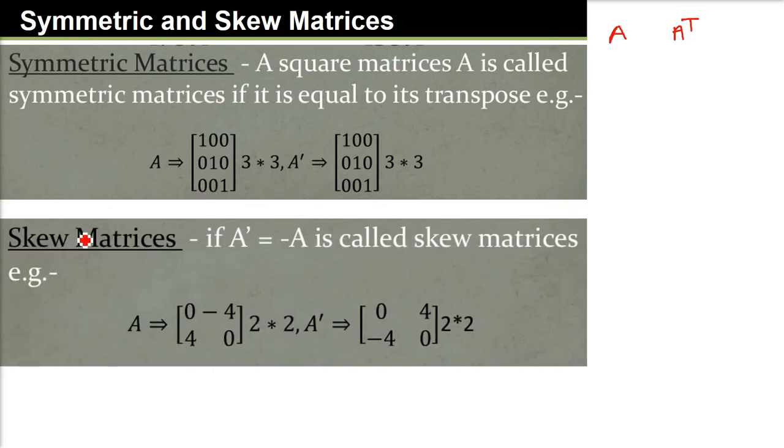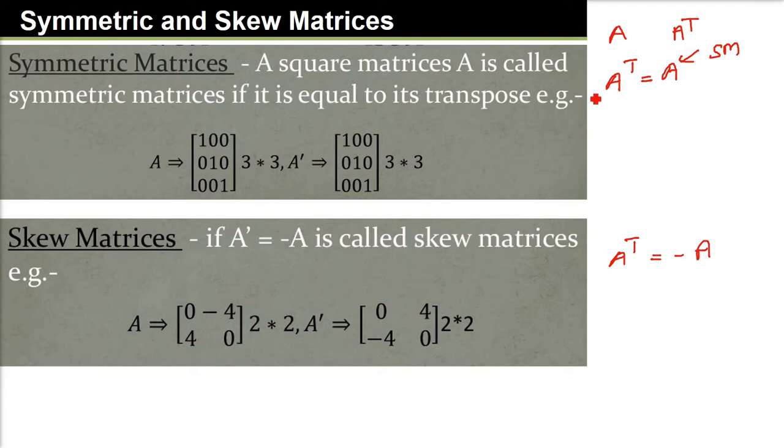This A transpose can result in symmetric or skew symmetric. If I transpose and I get the same matrix, that is called the symmetric matrix. But if I transpose and I get the negative of the original matrix, that is negative A, that is called a skew matrix.